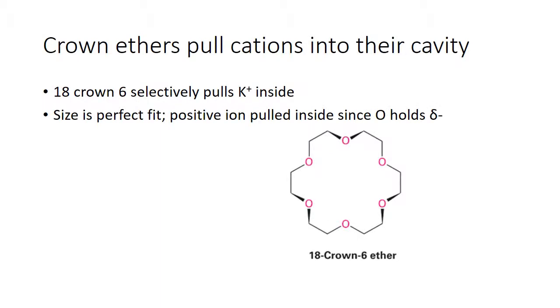The specificity of the size of the cavity specifically attracts certain ions. So the 18 crown 6 ether actually pulls pretty much only potassium ions to the inside, since they fit perfectly inside that size container.